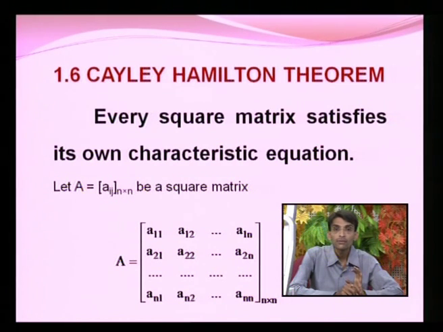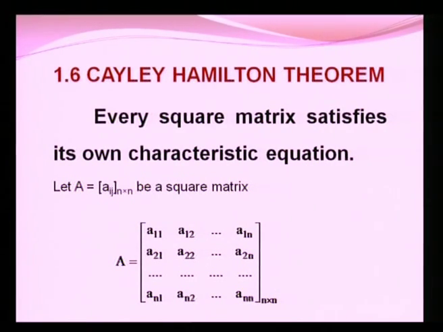That means if we replace lambda by A in the characteristic equation, then A also satisfies that equation. For example, if A is an n cross n square matrix, then it is a11, a12 up to a1n, and in the same way an1, an2 up to ann, that is an n cross n matrix.